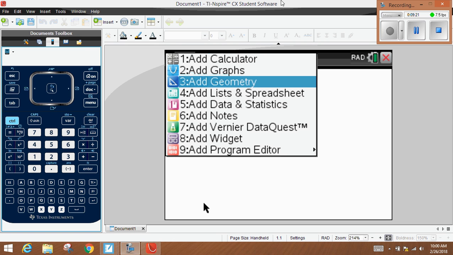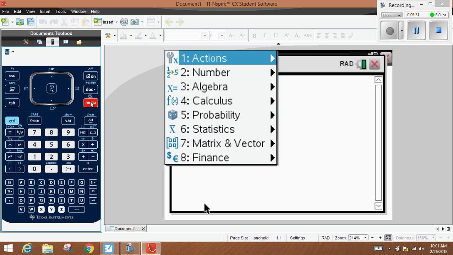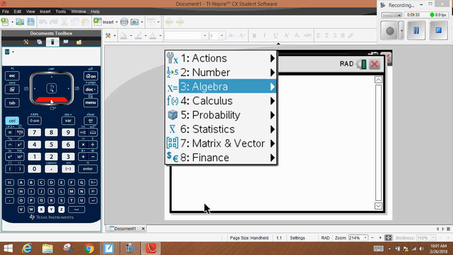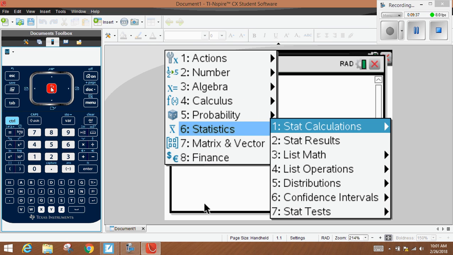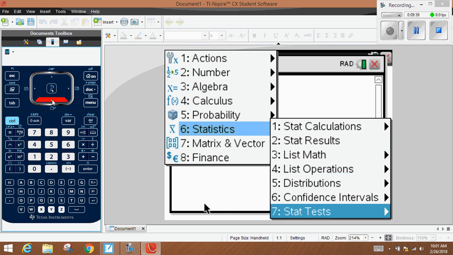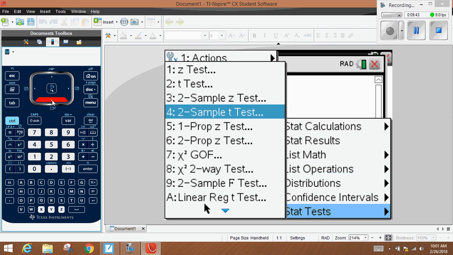I'll hit menu, statistics. We'll go to stat test. And then we'll choose a 1 proportion z-test.